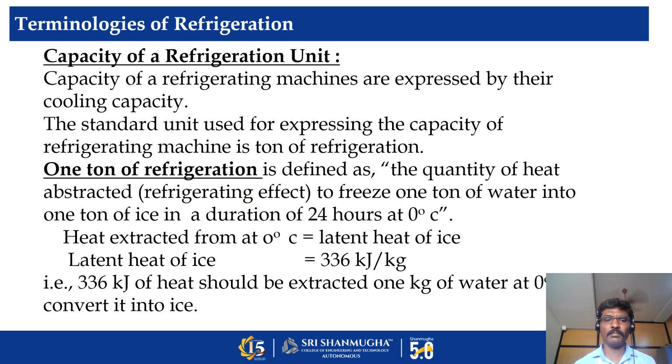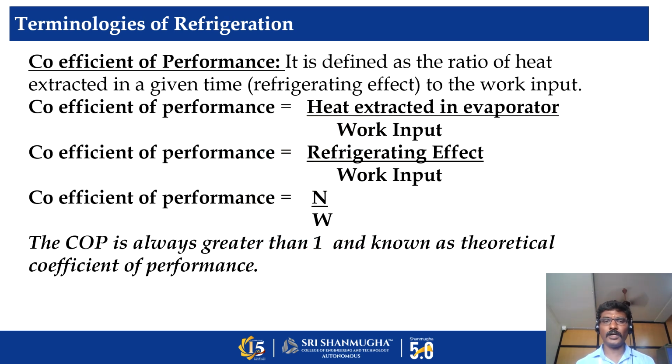Heat extracted at 0 degree Celsius is equal to the latent heat of ice. Latent heat of ice equals 336 kilojoule per kg. So 336 kilojoule of heat should be extracted from 1 kg of water at 0 degree Celsius to convert it into ice.